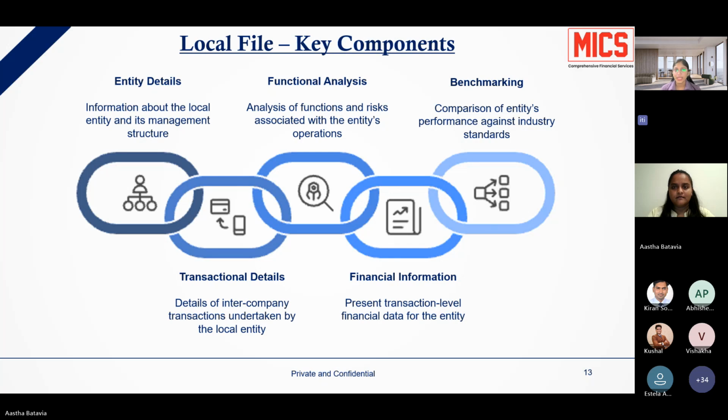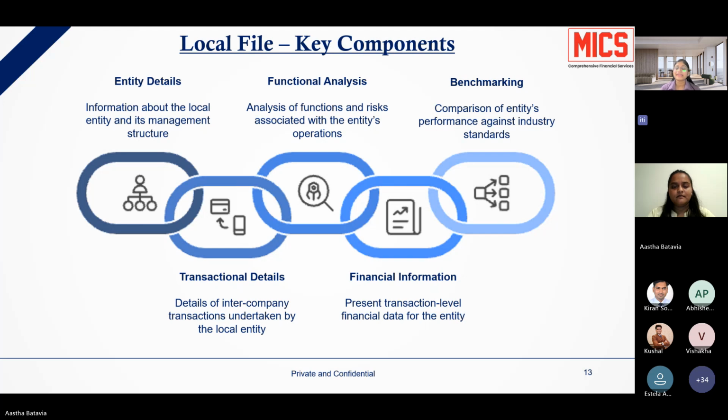In the same way, in the local file, we see information which is related to a particular entity which is local. A local file, you can say, is just like a personal diary in which you write about yourself, your life, how things are going on in your life. In the same way, in the local file, we report the local transactions.